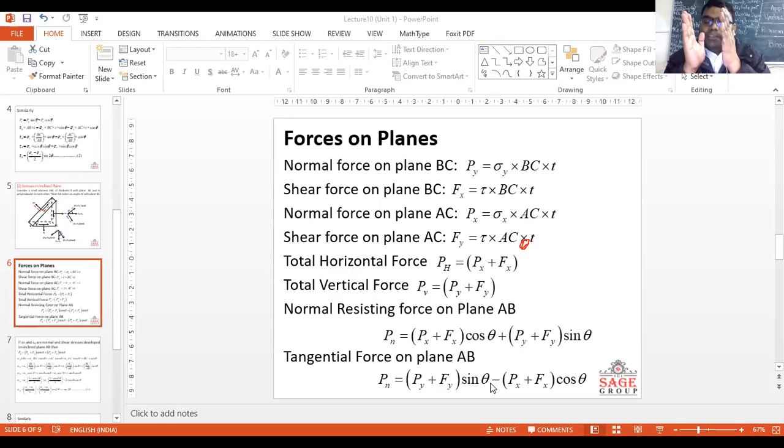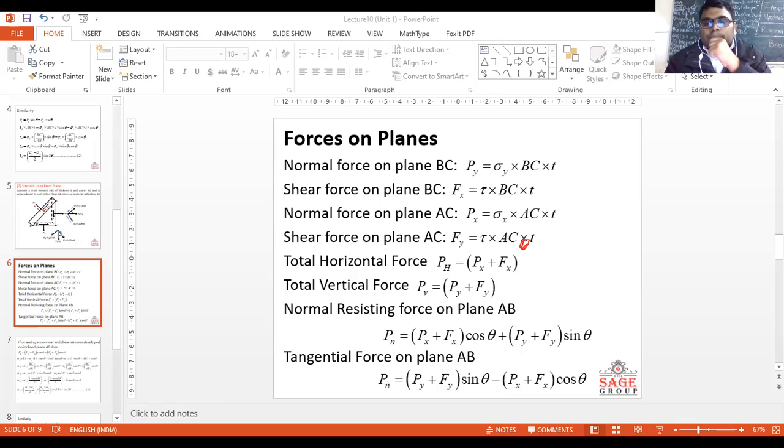It will be added on the basis of its direction, all left side positive, right side negative, whatever you want to take.